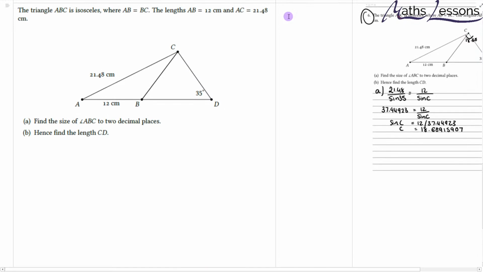The triangle is isosceles where AB equals BC. Length AB equals 12 and AC equals 21.48 centimeters. Find the angle ABC and hence find the length CD. Should be a little bit more straightforward than the last two to finish off.